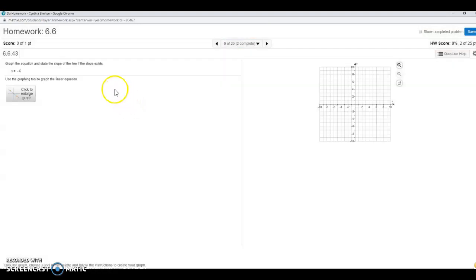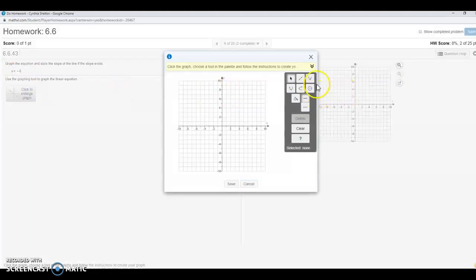I'm going to skip on over to question number 9, the first real graphing question, where we have x equals a constant. This is a special case of a line. X equals is a vertical line, so you just need to memorize that, and that's in your notes. X equals is vertical, so we click on this to open up our graphing tool, click on the line, go to x is -6, click there, and then draw it vertically.